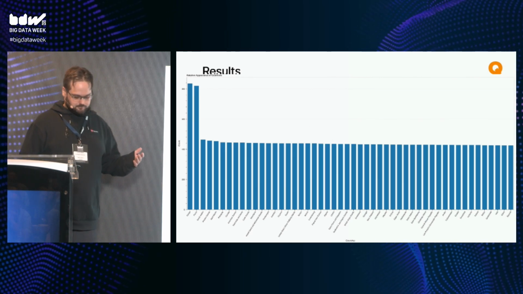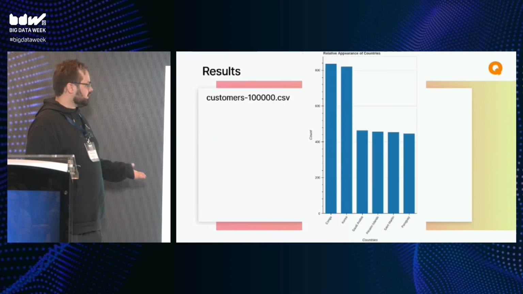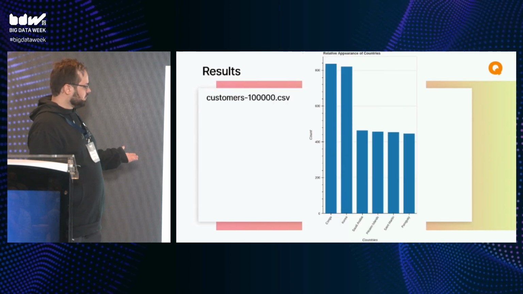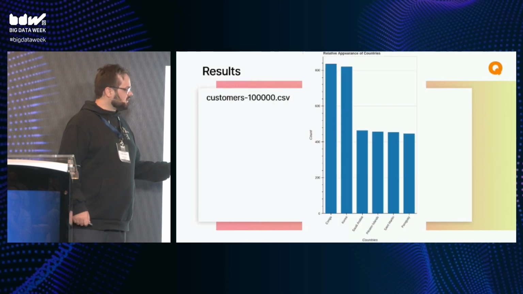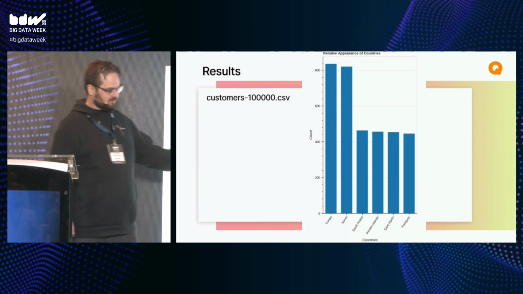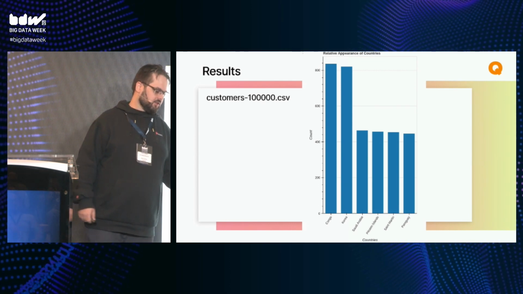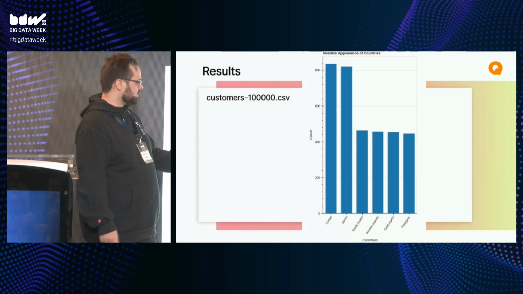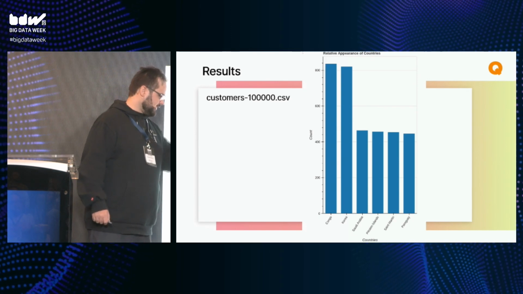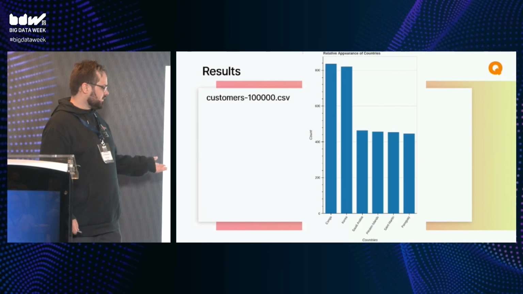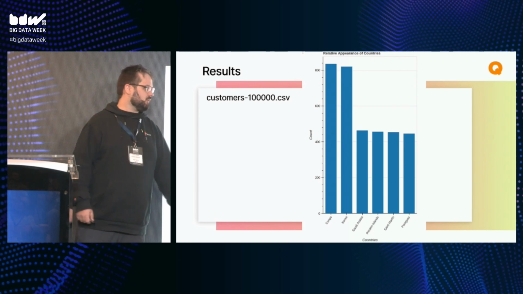But you already learned something. And if we zoom in a little closer, we can actually read it. I hope you can read it here, but the simple version is Congo and Korea in this probably randomly generated data source have the most customers, and it's uniformly from there.